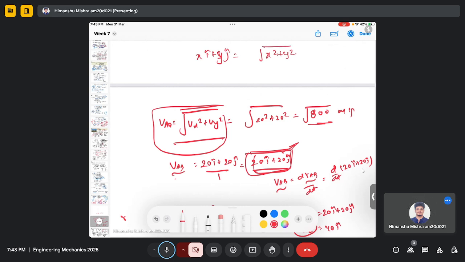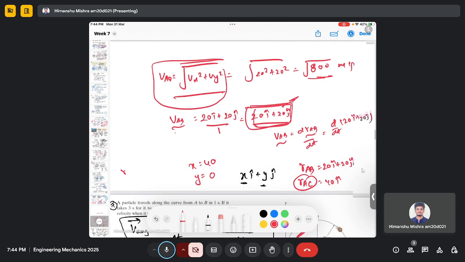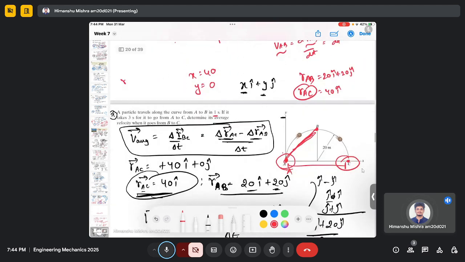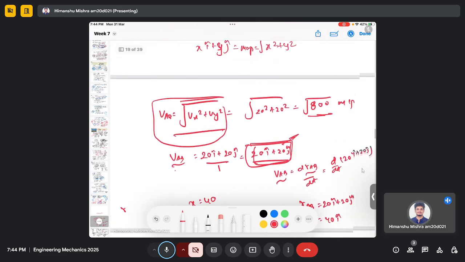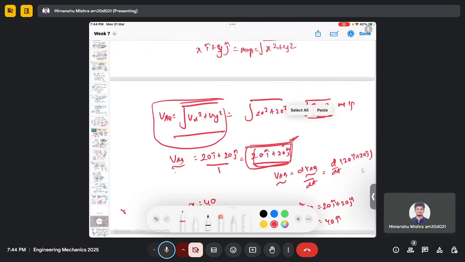No matter how the points are shaped, it does not need to be a right angle triangle, because magnitude is a scalar quantity, so it doesn't matter what the direction is. It will always be root 800.